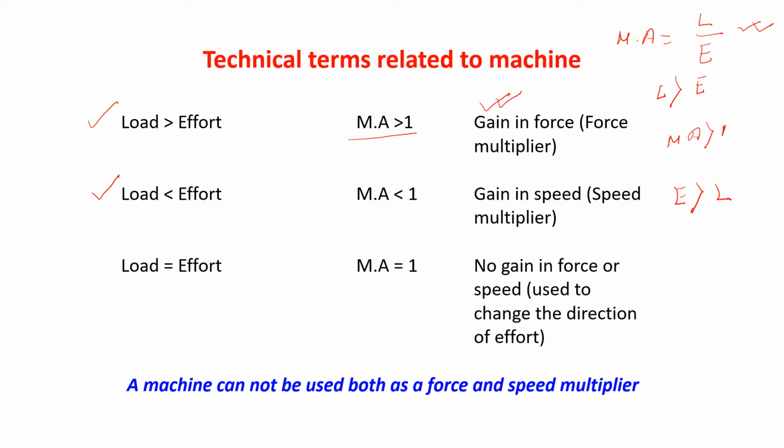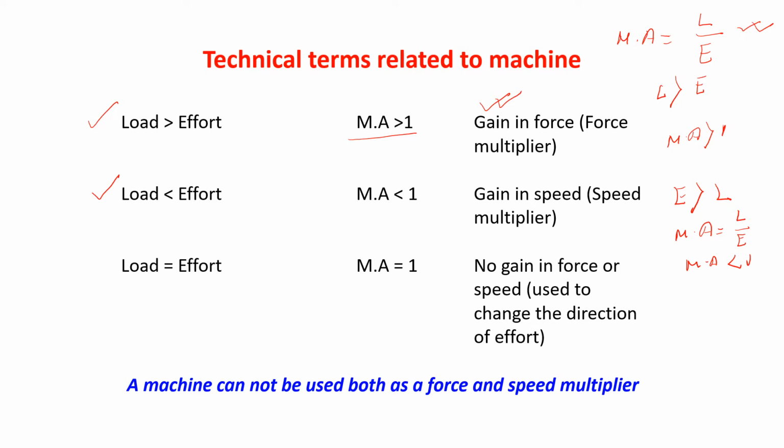Mechanical advantage is equal to load by effort, so the numerator is less than the denominator. That means mechanical advantage is less than 1. If this is the case, then this type of machine is used for gain in speed. Mechanical advantage is less than 1.